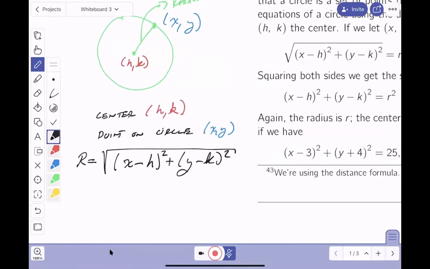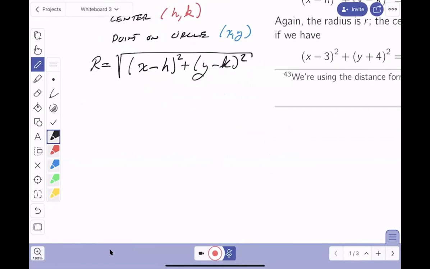There's nothing wrong with that, but I want to write it a little bit differently. What I'm going to do is square both sides. You get R squared equals X minus H squared plus Y minus K squared. Typically, we try to write the equation a little differently than this. Equations are reflective, and I like to put the R squared on the right side.